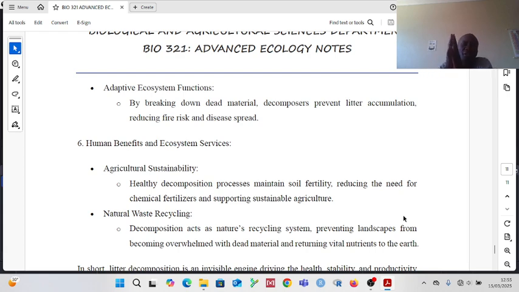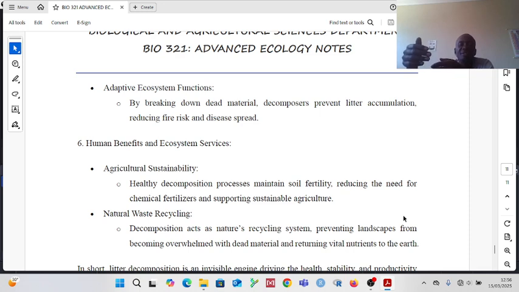So when you break down this dead material, the decomposers prevent this litter from accumulating. Because when you have litter accumulated on the ground, you risk fire, for example. Matawi ikiwa hapo chini, moto ikianza itachoma. But hiyo matawi kama imekuwa broken down, okay, then there will be nothing that the fire can burn.